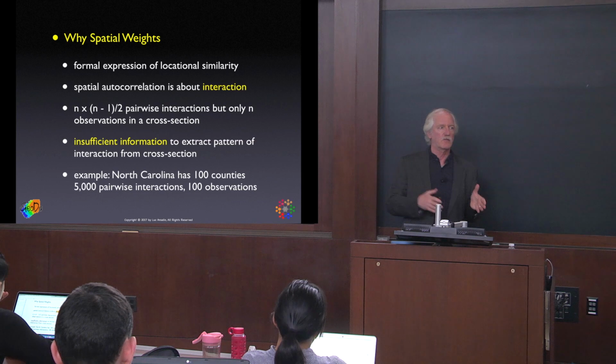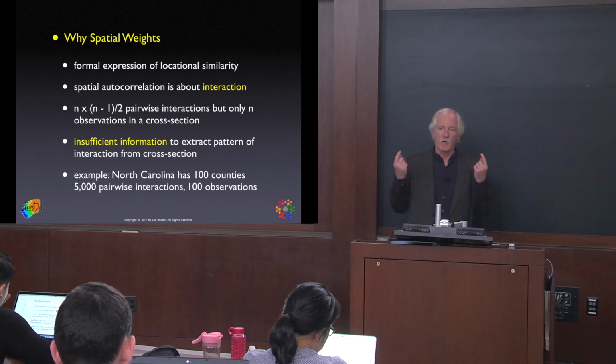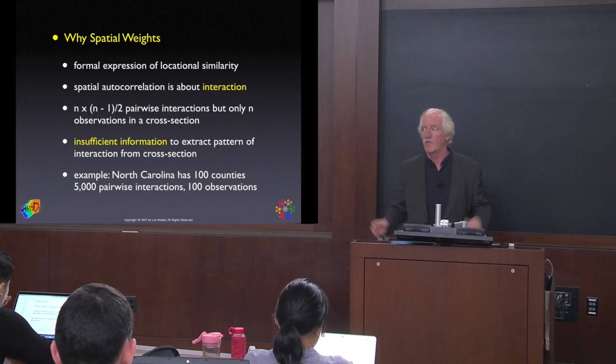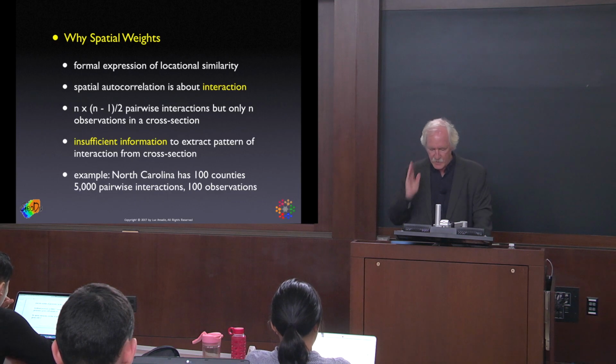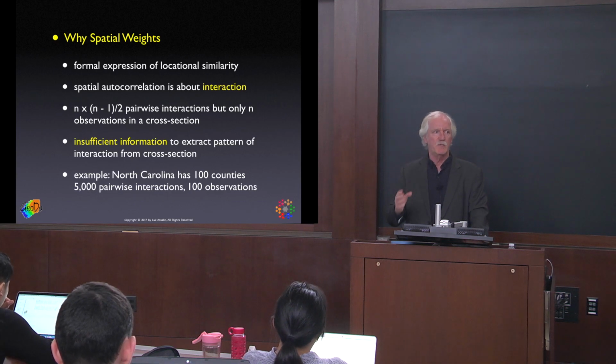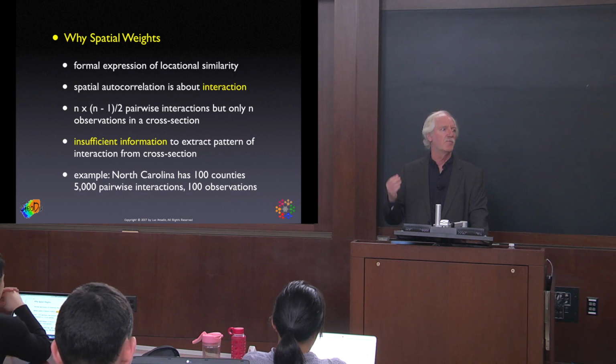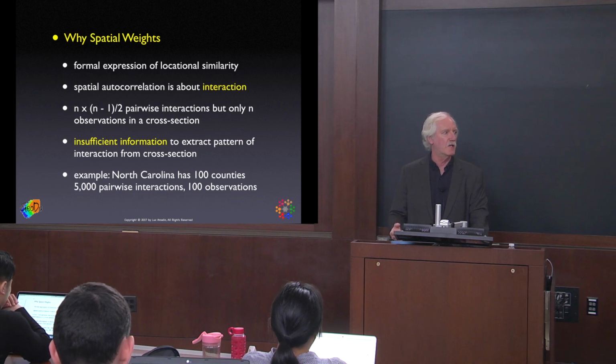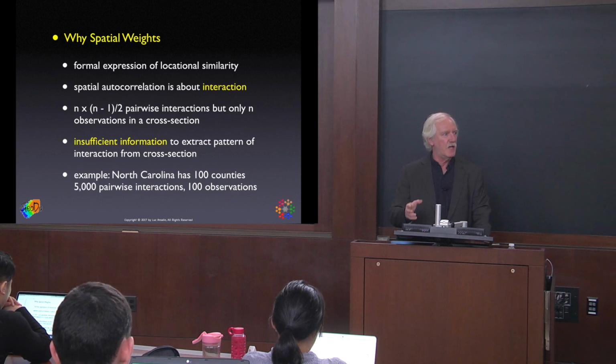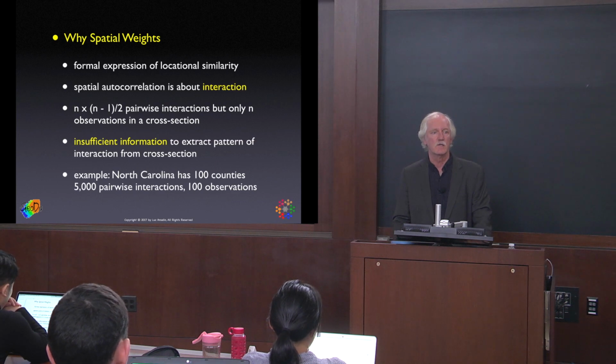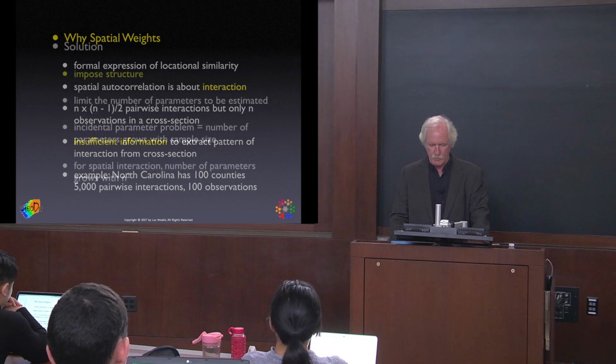Whether you have 1 matrix or 2 weights matrices, it's still only 2 parameters, and you should have a whole bunch more. So it's very important that you keep this in mind. This is a shortcut, by necessity, because we do not have interaction data. If you do have interaction data, you don't need these weights. You model the interaction explicitly.